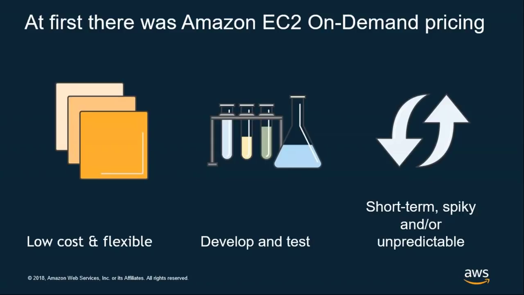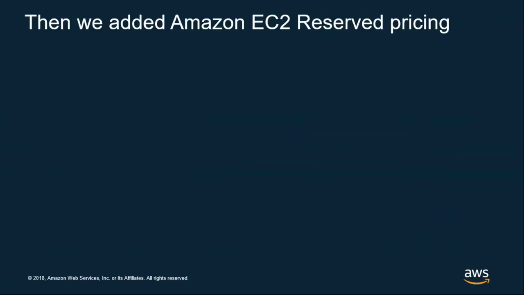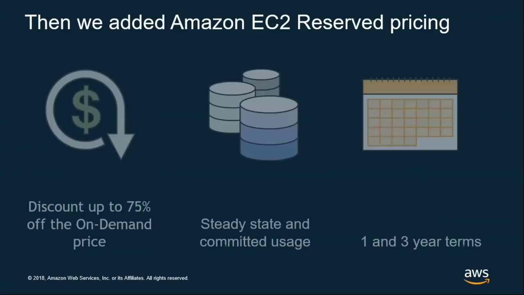But about 2 years after we launched EC2, it was very obvious that there were workloads that were predictable, that didn't necessarily need to take advantage of the spiky capabilities of EC2. And then we introduced EC2 Reserved Instance Pricing.